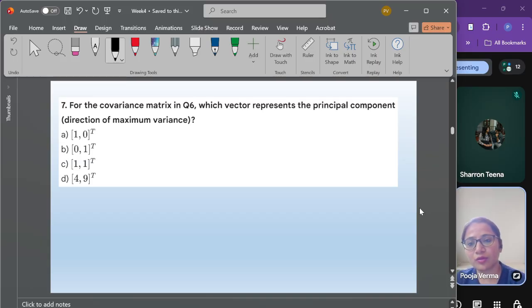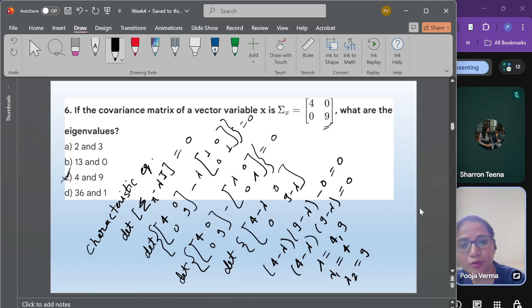So our next question is: for the covariance matrix in question 6, which vector represents the principal component, that is, the direction of the maximum variance? Already we have seen our covariance matrix in the previous question, like 4 0 0 9.